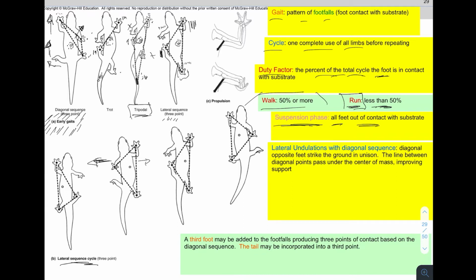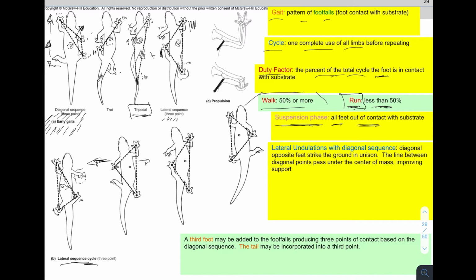So that when you look at this picture in time, you see that this forelimb right here is lifted, which means that the balance is here on this hind limb and that forelimb, and you can see this line kind of going down the middle there between that hind limb and that forelimb, the center of mass being in the middle.